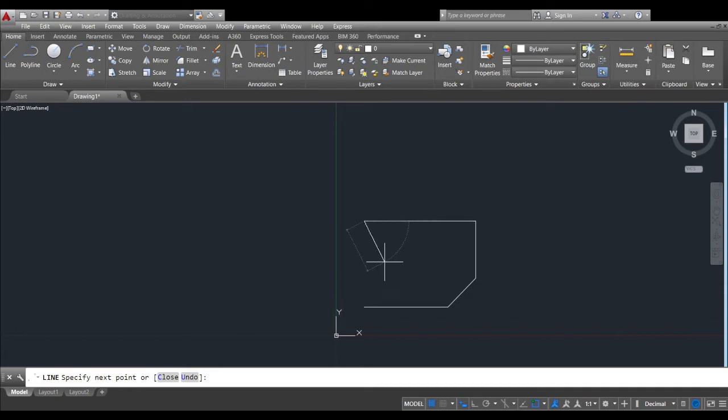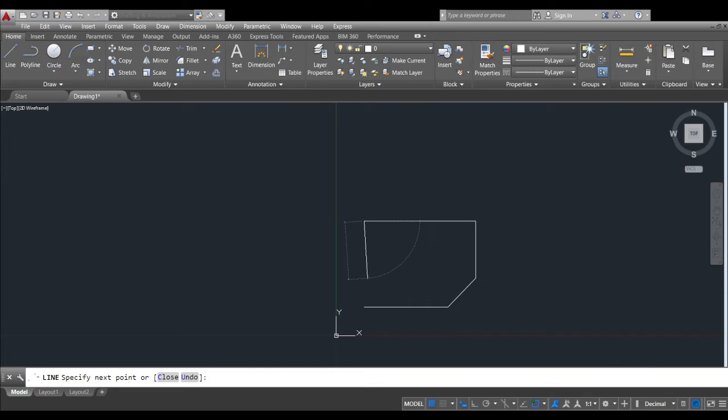And then we have two options here. The first option is to put the coordinates of the last point, or we can type C to close the figure. So we can try the first option.